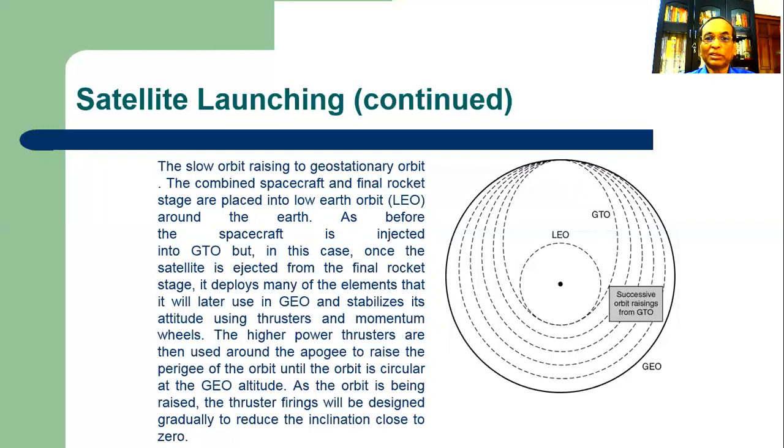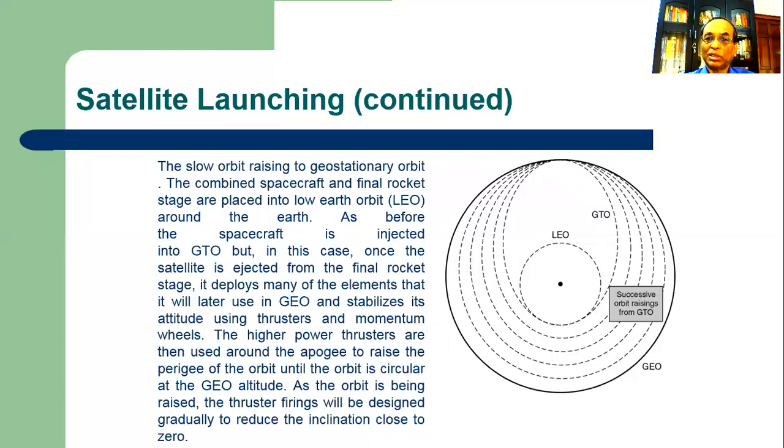But in this case, once the satellite is ejected from the final rocket stage, it deploys many of the elements that it will later use in GEO, and stabilizes its attitude using thrusters and momentum wheels.